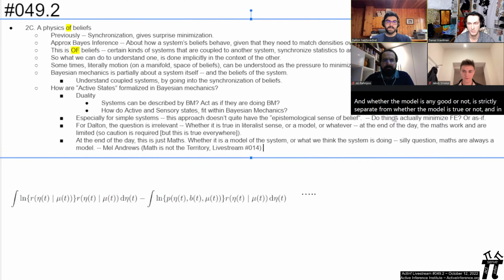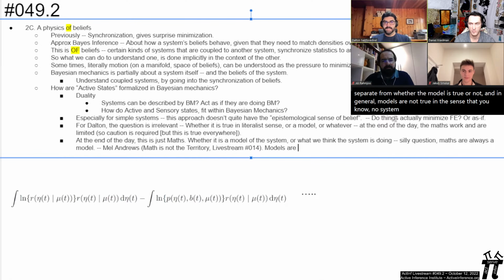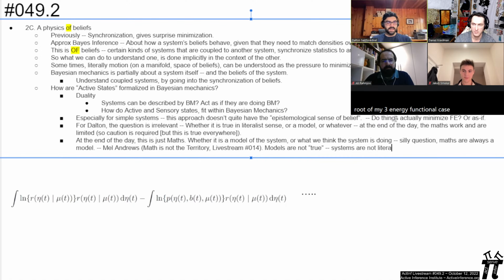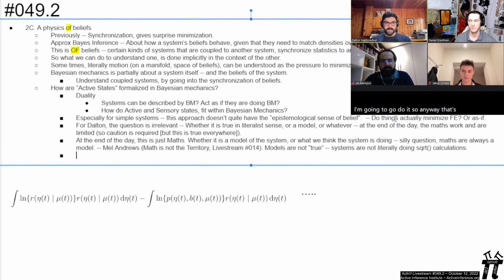And in general, models are not true in the sense that no system is actually sitting down and calculating, okay, here is the root of my free energy functional, here is what nature says I should be doing, I'm going to go do it. So anyway, that was kind of a digression. That wasn't directly your question.